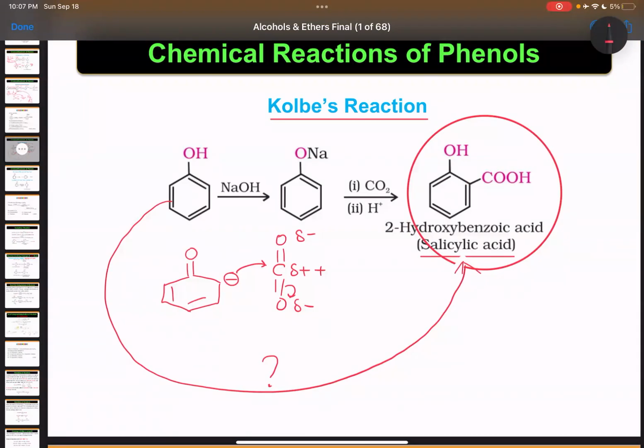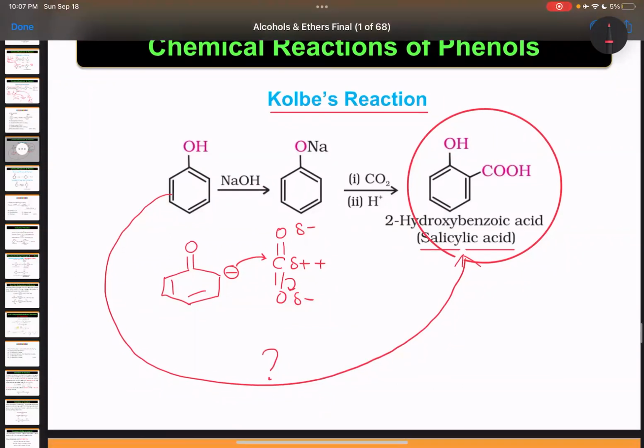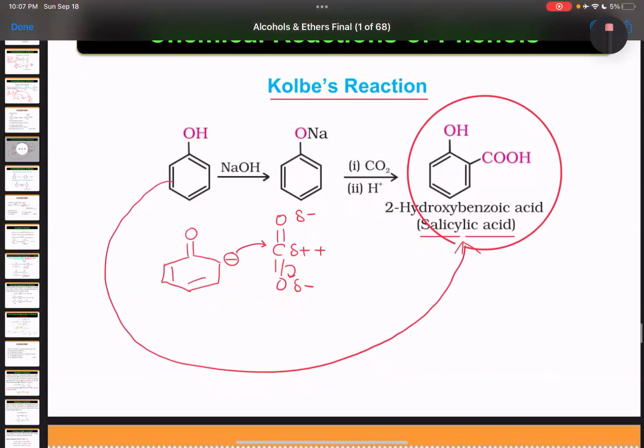The reaction looks very similar to Reimer-Tiemann, but it's not Reimer-Tiemann. The reagent also looks very similar to what we used in Reimer-Tiemann. Tell me quickly.